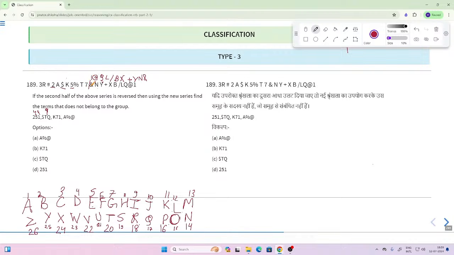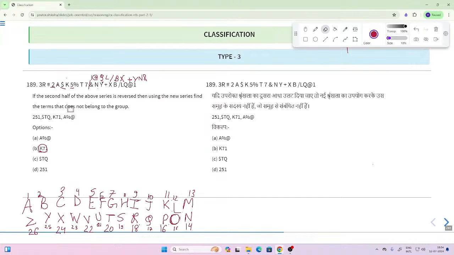Then 1 2 3 4, 4 4. Then K71, so 1 2 3 4, 7 1. That's just one. Okay, there's another one either. 5 percent, 1 2 3 4, and then 1 2 3 4. Okay, so K71, that is option B, is the correct answer, the odd one out here.